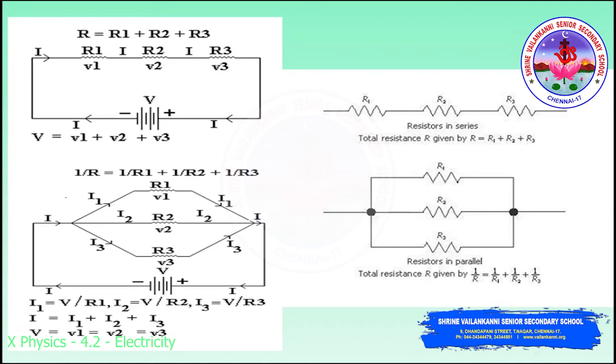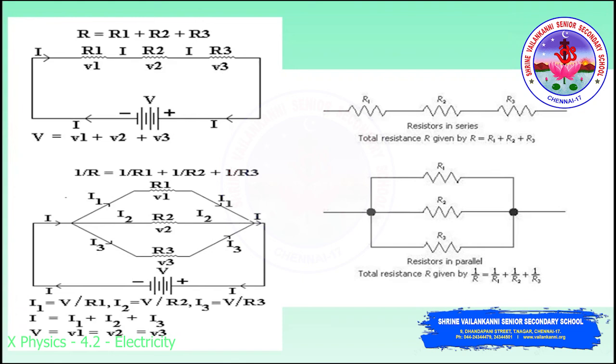If I1, I2, I3 are the values of the current through each resistance R1, R2, R3 of the parallel combination, then the current in the main circuit is I equals I1 plus I2 plus I3. The potential difference across each resistor is V, which is common. Here also, applying Ohm's law, we get V equals I1 R1, I2 R2 and I3 R3.